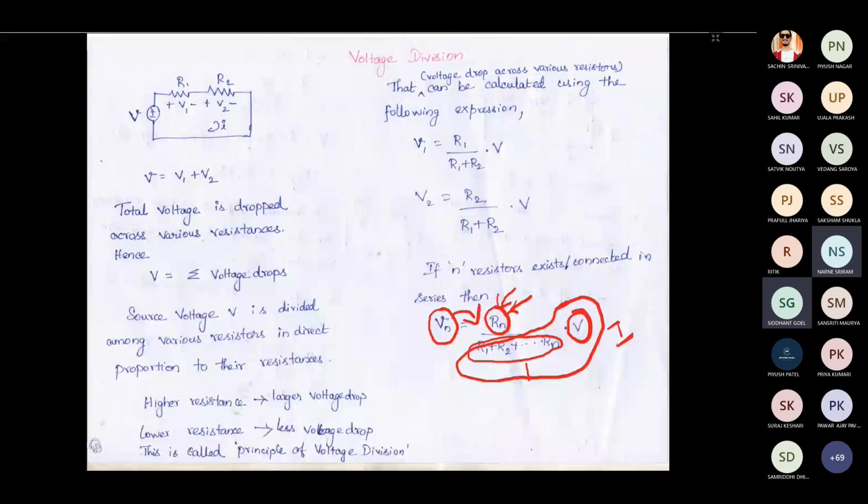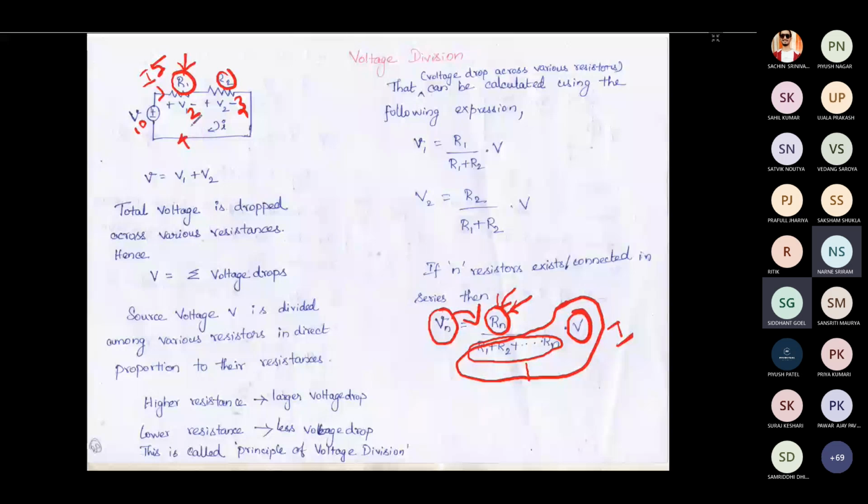One thing to note: if the elements are connected in series, the same current flows through this path. If the same current flows, whichever has the highest resistance value will have the higher voltage. For our example, we had taken 2 and 3. The current flowing through this is 5 ampere. So the voltage across this is 4 volt and the voltage across this is 6 volt.